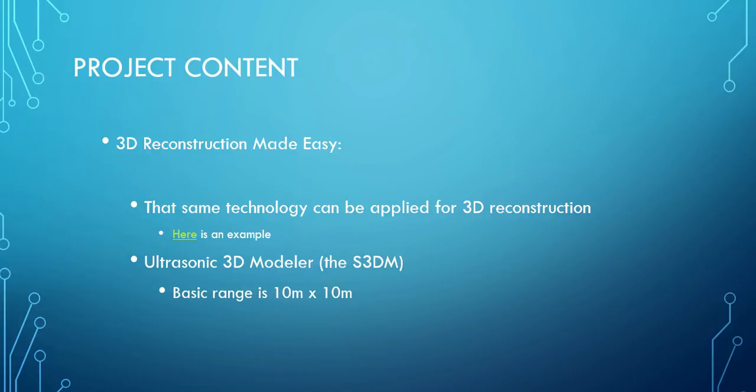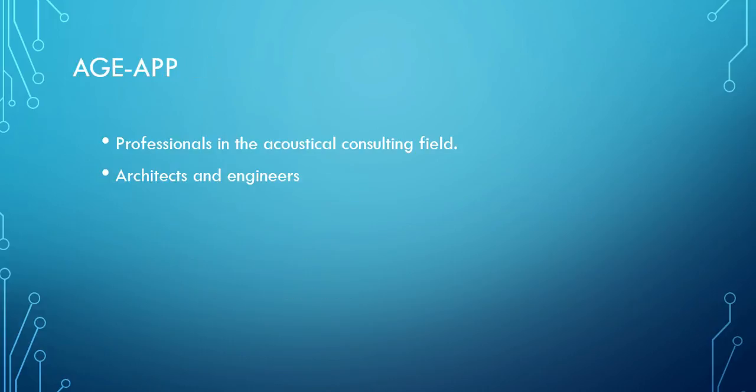The basic range of that product, which is made by a team from India and China, is 10 meters by 10 meters, and this is great because I don't have to rebuild anything in AutoCAD or SketchUp, because it takes time to rebuild something like that. I just want to have those automatically when I come into a room.